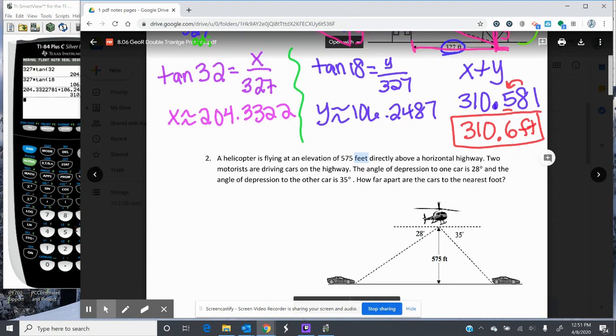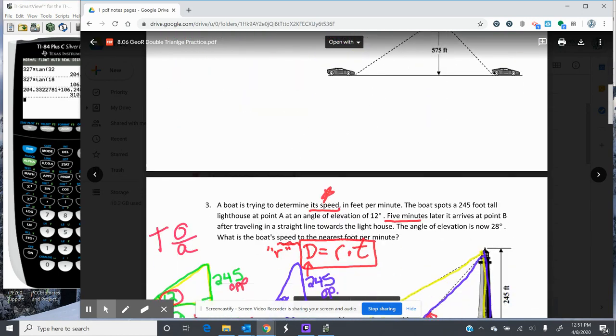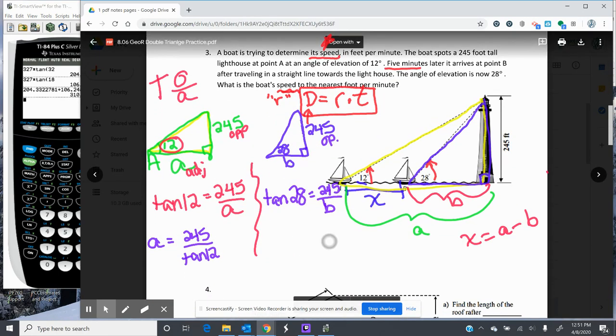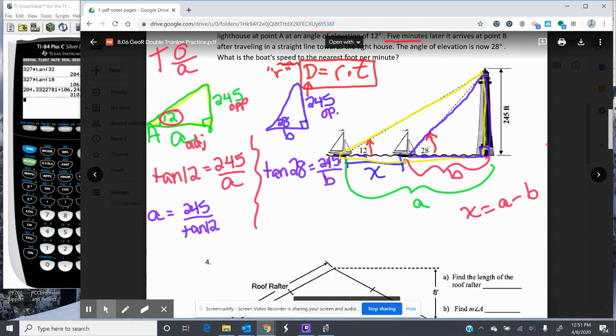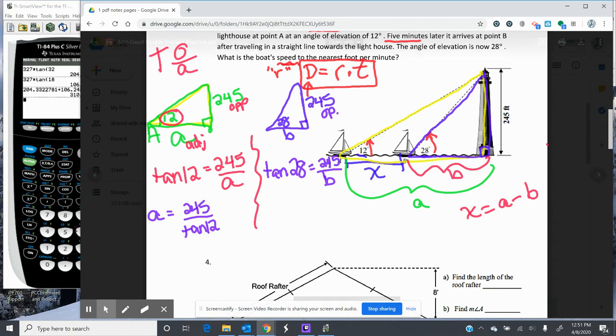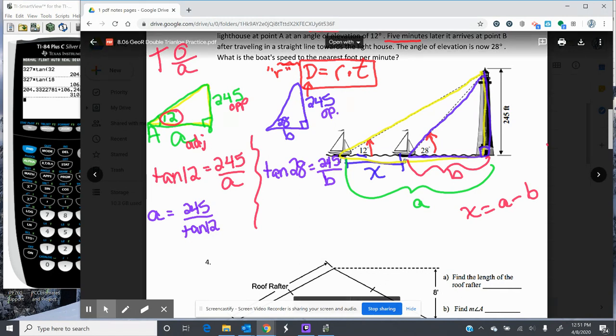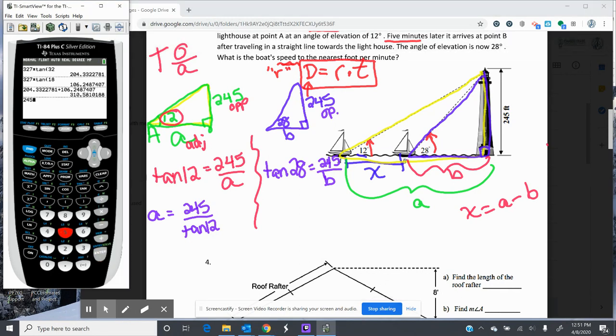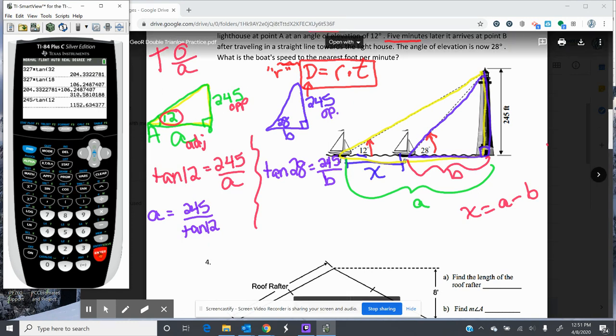That's just something I keep seeing as a mistake. Sometimes you guys aren't sure if you're dividing or multiplying. So since A is in the denominator, when you do your cross products, you end up dividing by tan 12. If I take 245 divided by tangent of 12, we get the A measure.